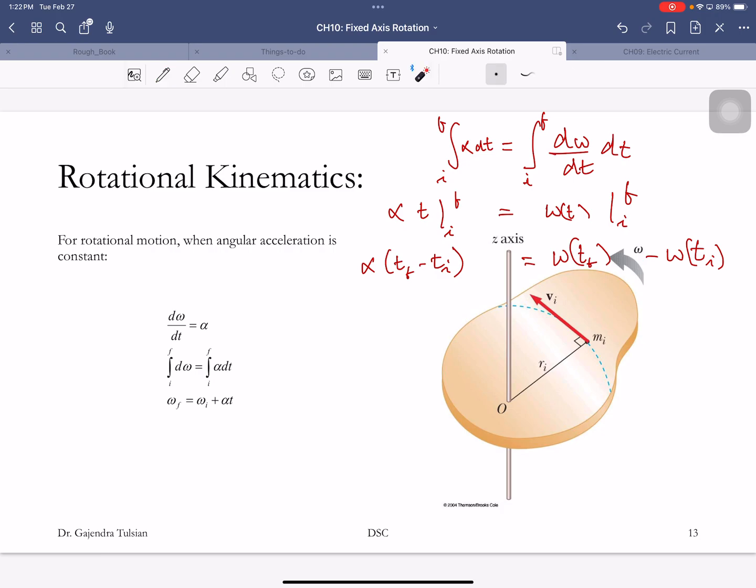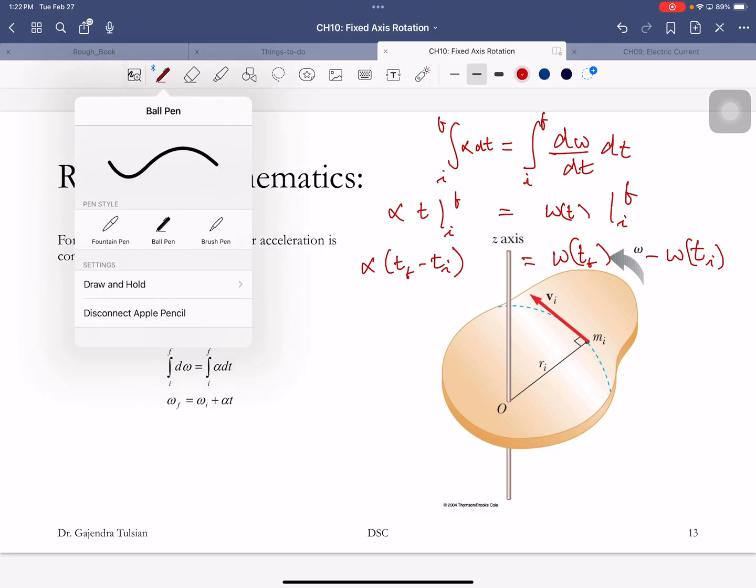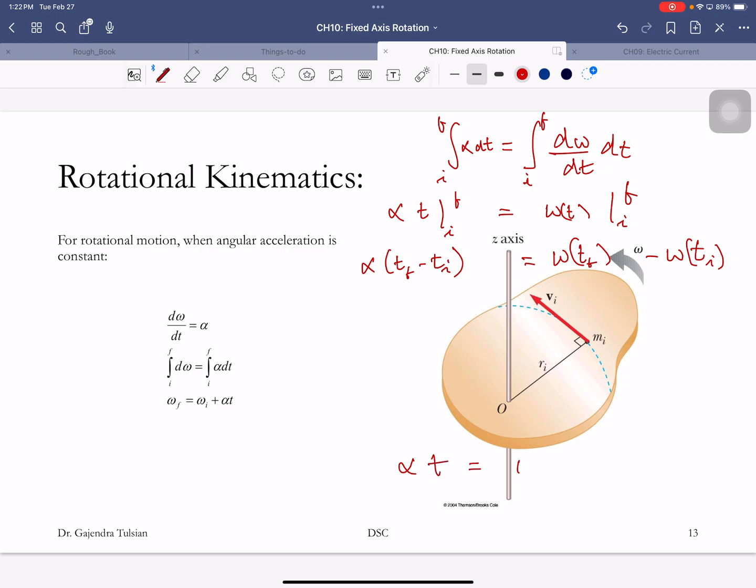Now we'll call this t, so this is alpha times t equal to omega final minus omega initial. And omega final is omega initial plus alpha times t.